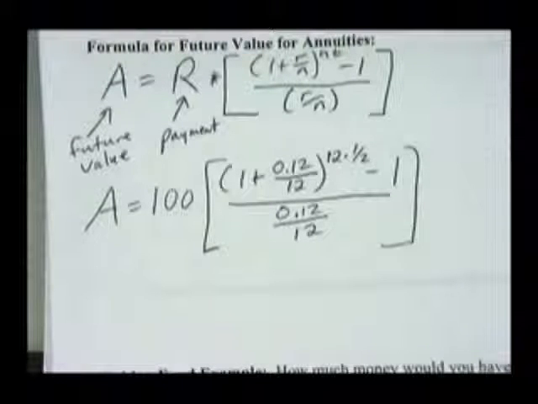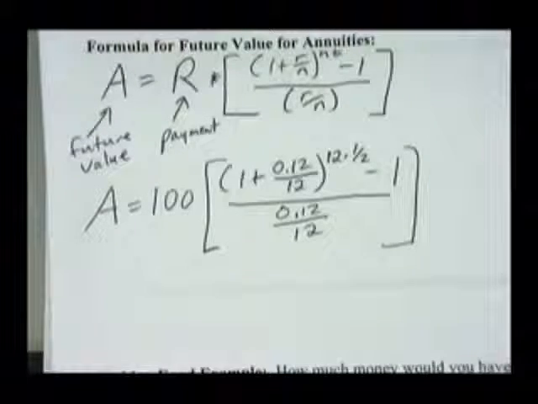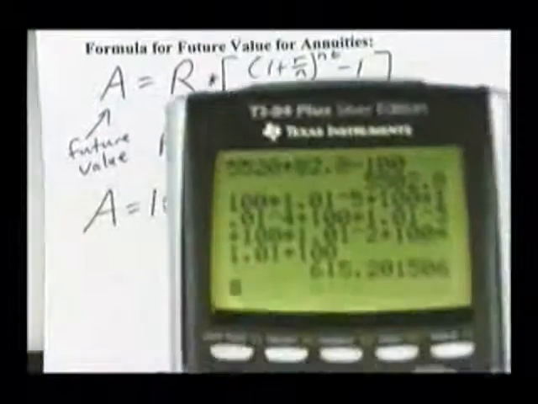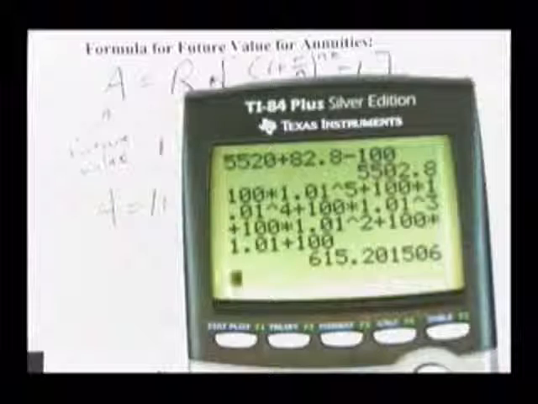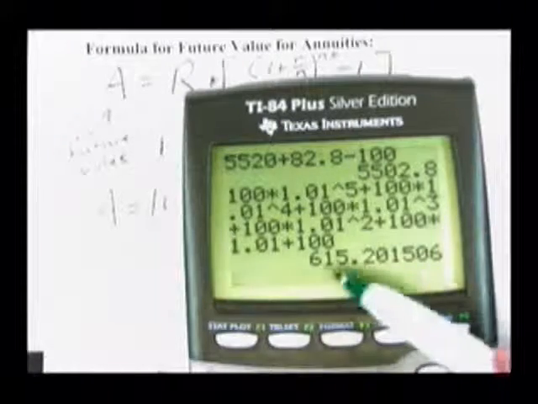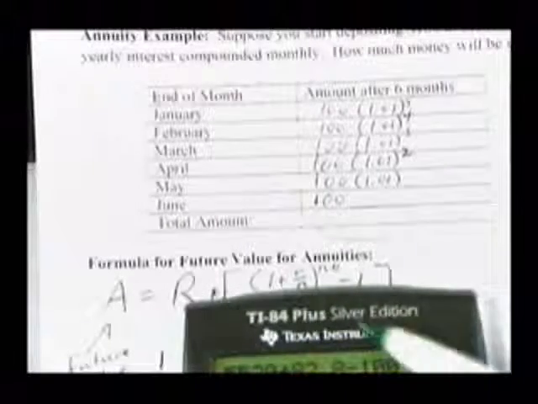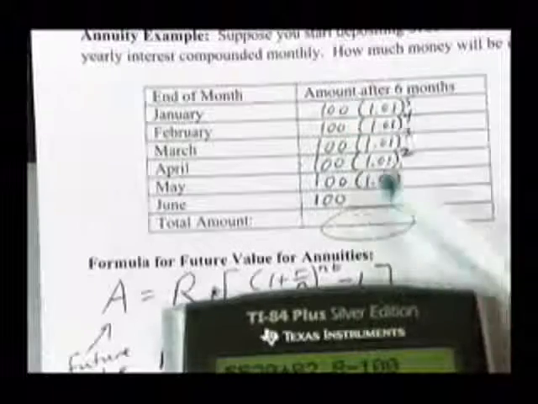So hold on real quick, let me grab my calculator. Okay, so I've got my calculator, and what I did while I was at it was I went back up above to where I had all of this stuff, and I plugged that all into the calculator.